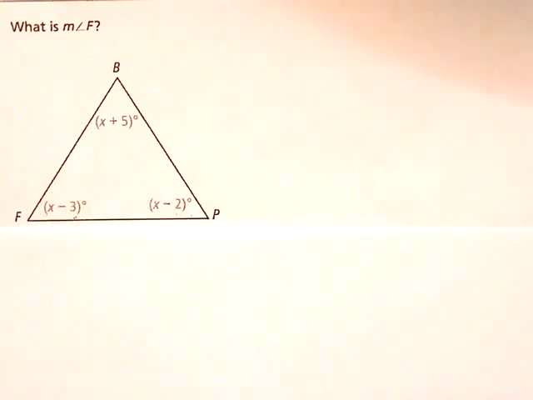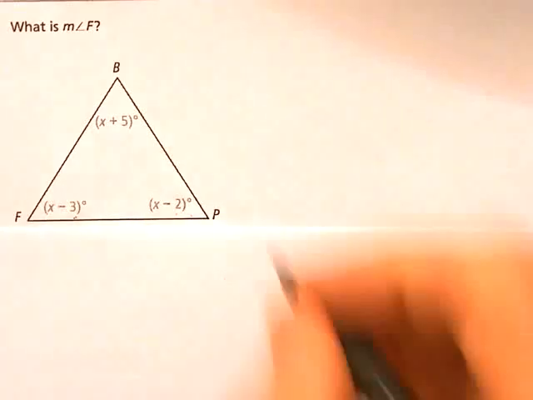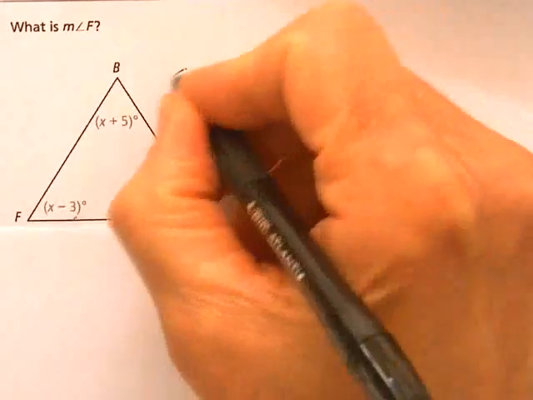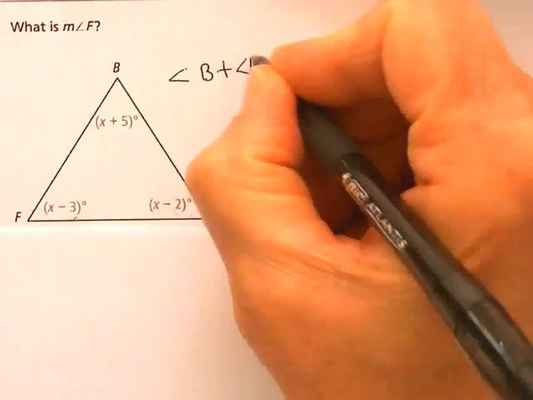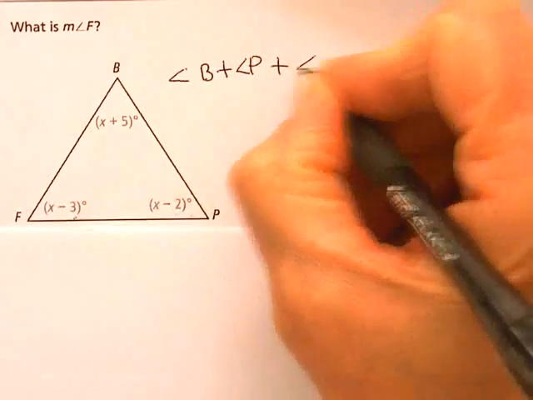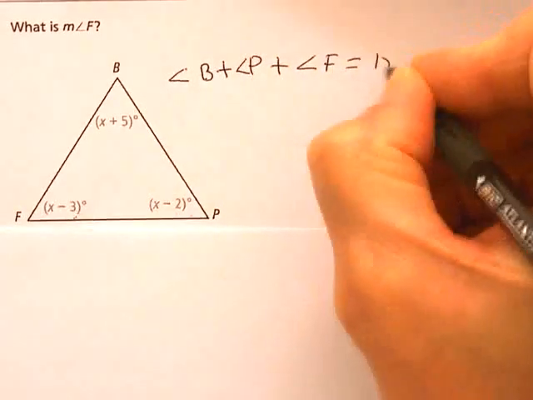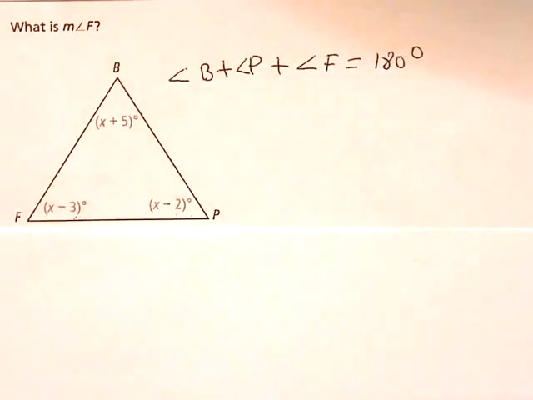And I know that the sum of the angles of a triangle are 180 degrees, so I know that if I add angle B plus angle P plus angle F, that's going to equal 180 degrees. And that's what I'm going to do here.